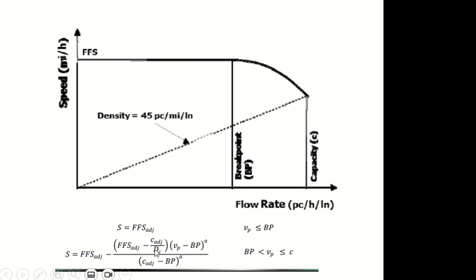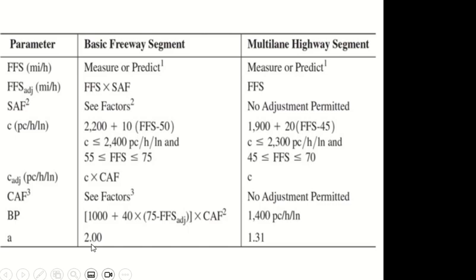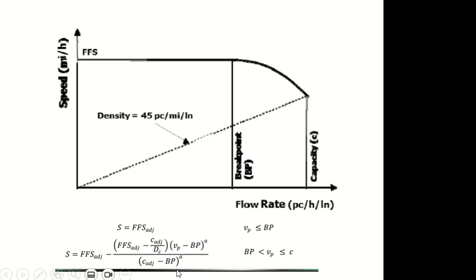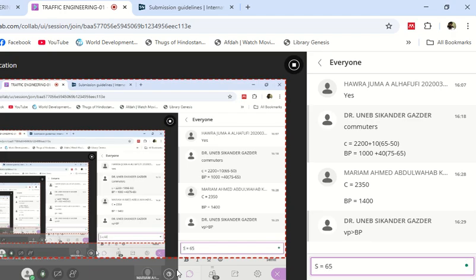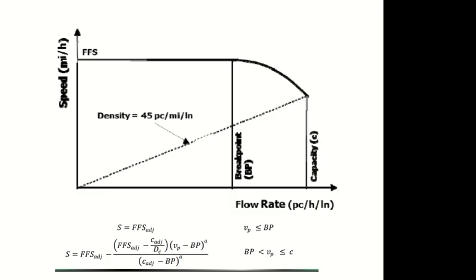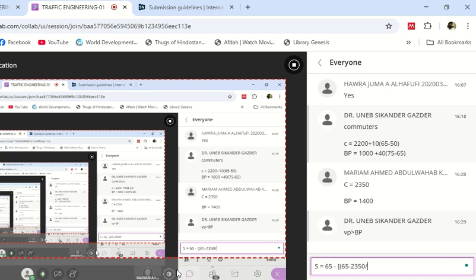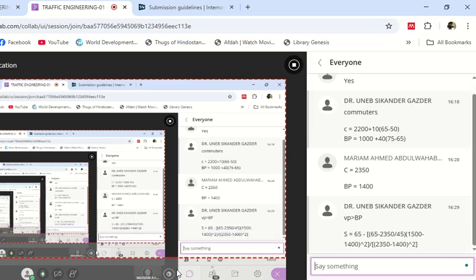So free flow speed is 65, capacity 2350, critical density 45, and the value of A is 2 here. How much is the speed here? Tell me.